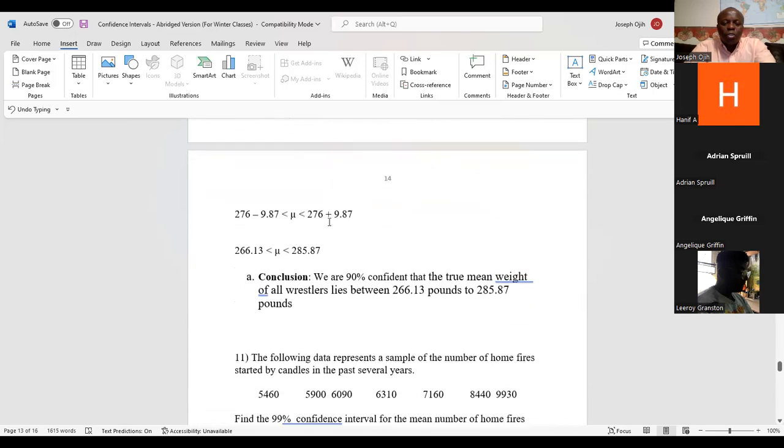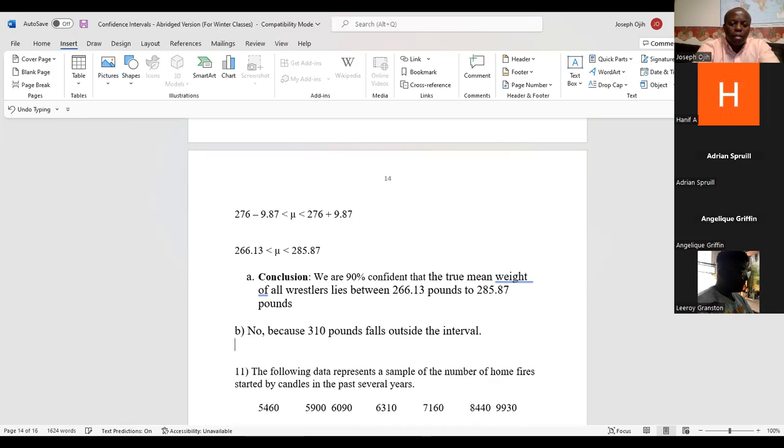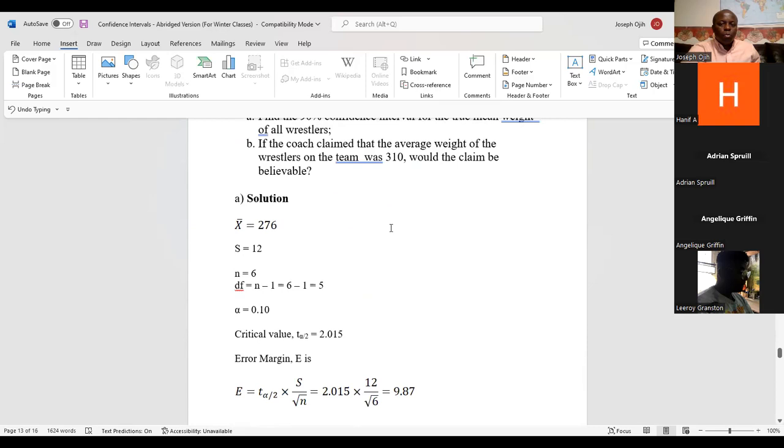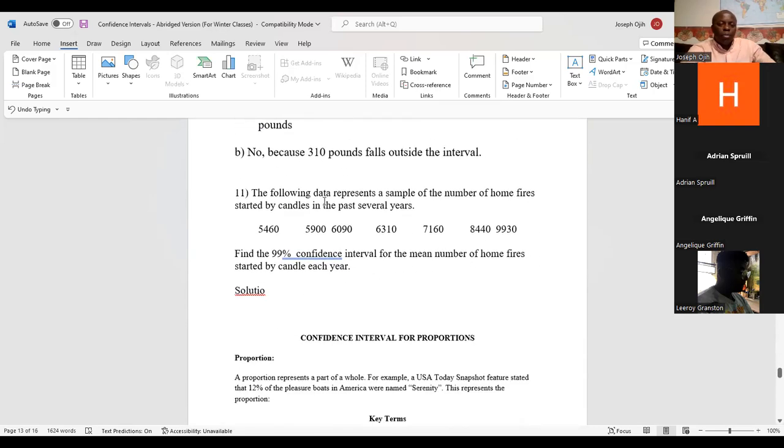Of course, the answer is no, because 310 pounds falls outside the interval. So that claim is not believable. That's what this confidence interval helps us to do.